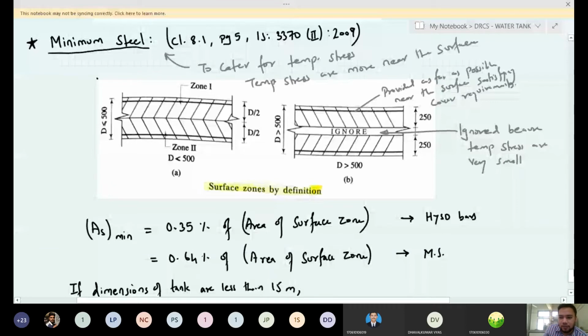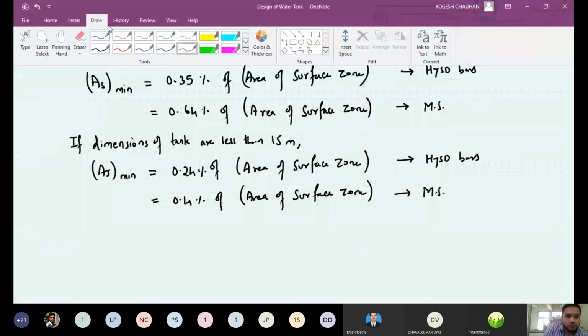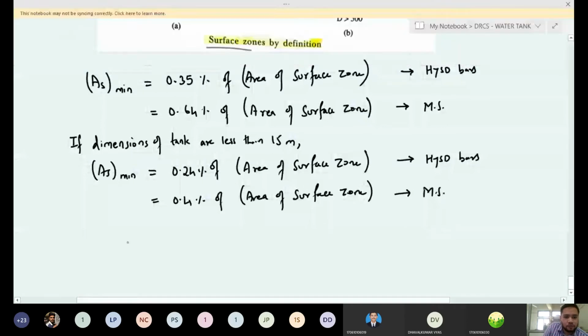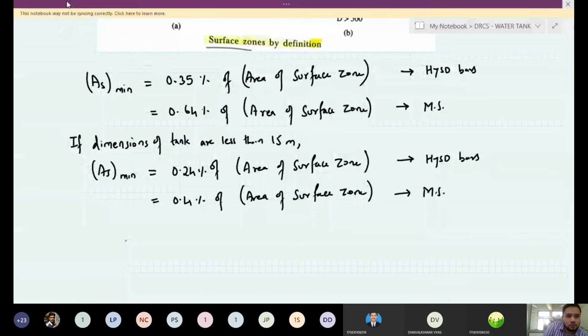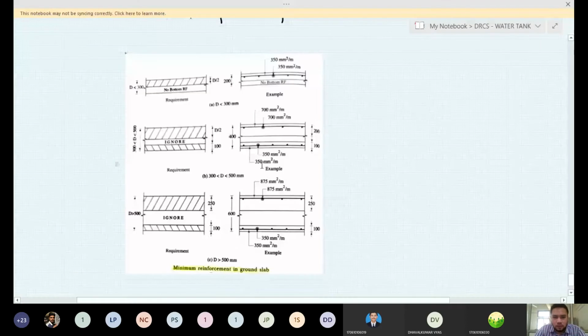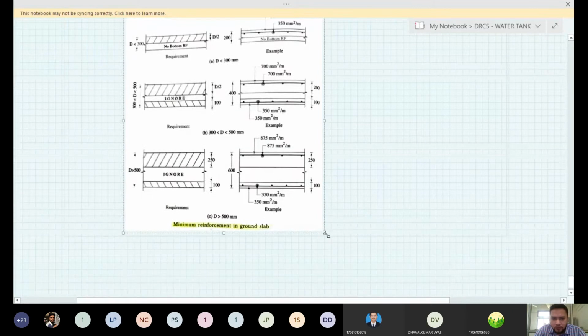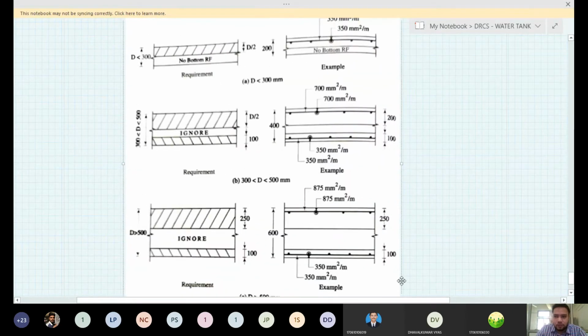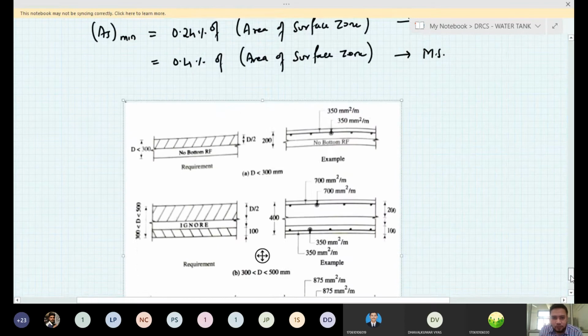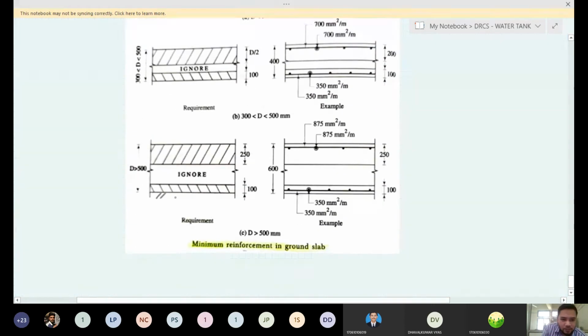Next, suppose we have a ground slab, so then what is the surface zone for that? I have sent the soft copy of this book. You can also go through this book. So this is for the ground slab, meaning here the bottom part is resting on the ground.